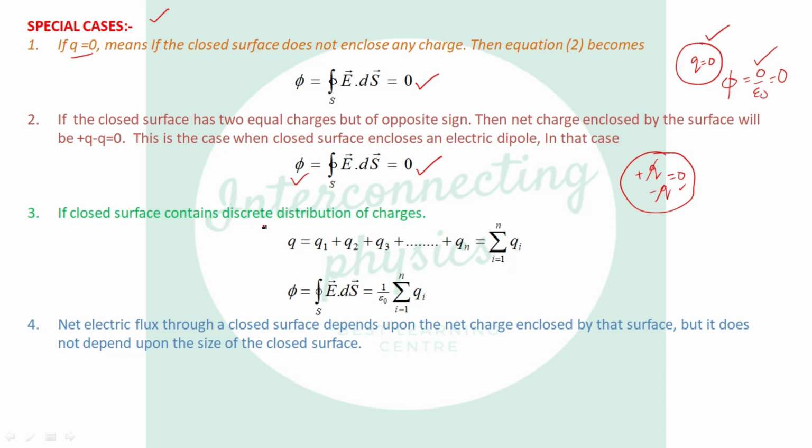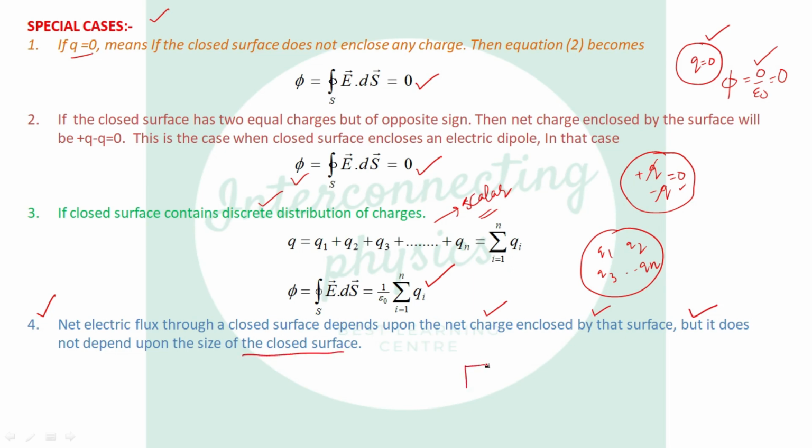And if the closed surface contains a discrete distribution, suppose we have q1 charge, q2, q3 and so on up to qn, then we add the total charges, because charge is a scalar quantity. So we simply add q1 plus q2 plus q3, and we write the electric flux as 1 over epsilon naught times the total charge. Now electric flux through a closed surface depends upon the net charge. It only depends upon the charge enclosed by the surface, but it does not depend upon the size of the closed surface.